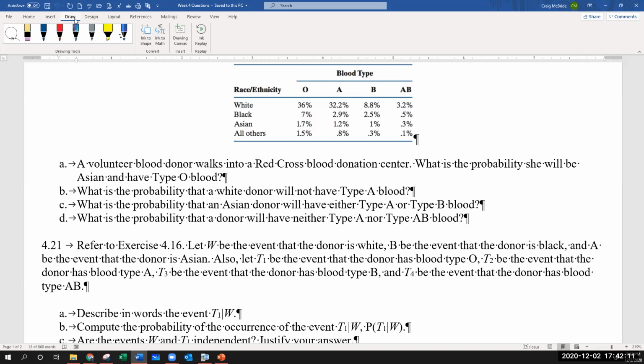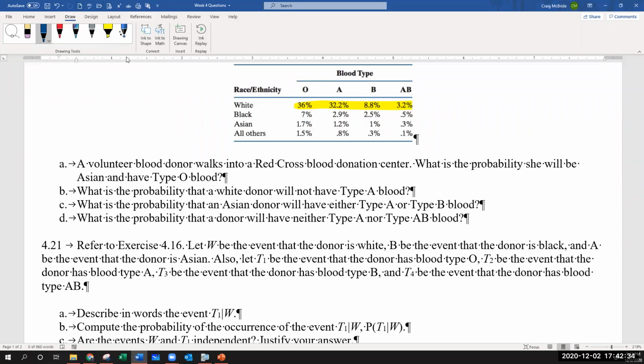So part B says T1 given W. So given W means we're only looking at the white donors. This becomes our new total because we're only looking at these.